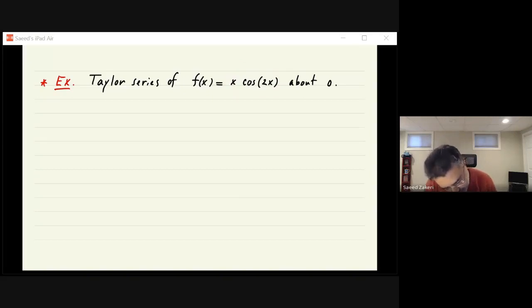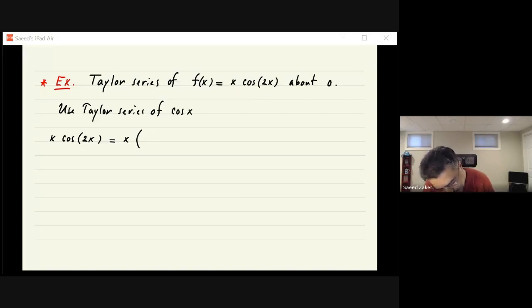And that should give me the Taylor series of this function. So I can just say that x cosine 2x is x times... Let me, maybe for the record, mention here that we use the Taylor series of cosine x and replace x with 2x.